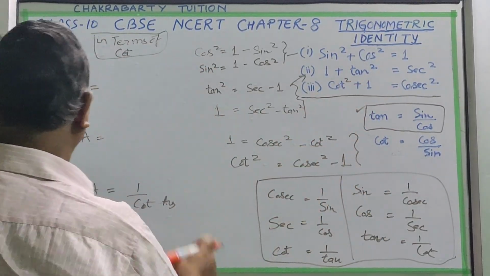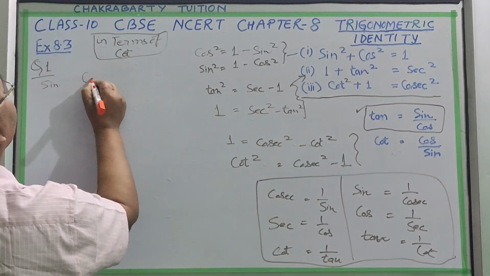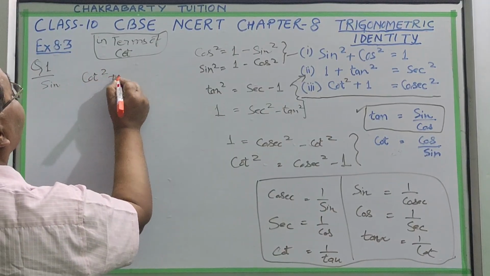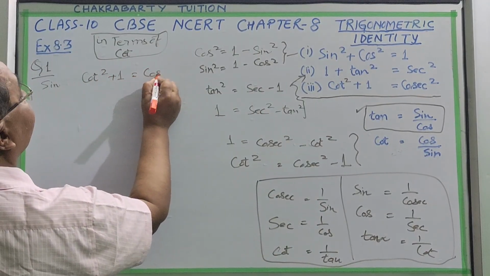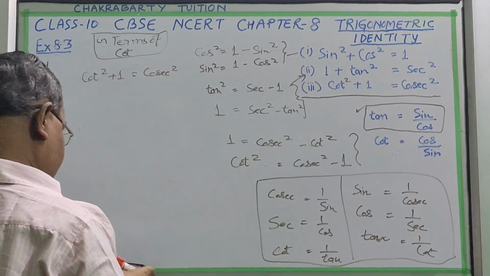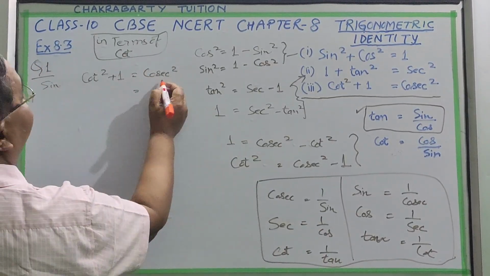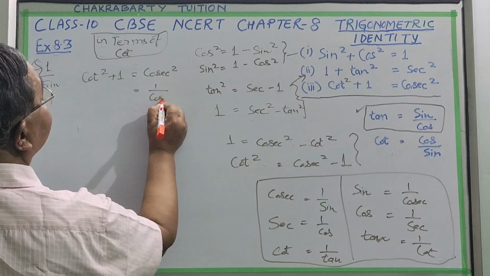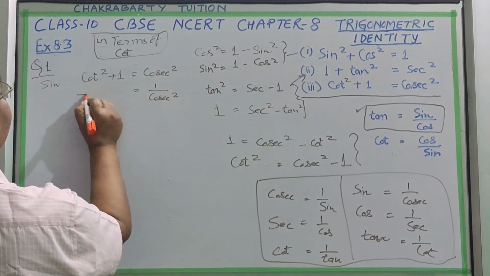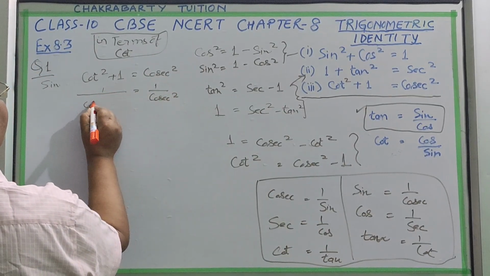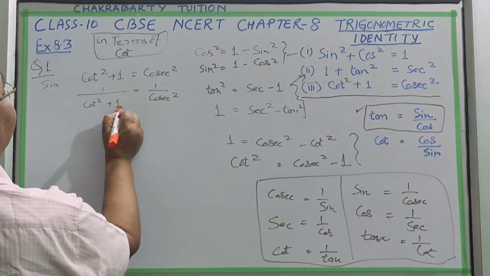Cot square plus 1, and we will try to get that. Cot square plus 1 is equal to cosec square. Okay. So to make it sine, we will go 1 upon cosec square. Here also it will become 1 upon cot square plus 1.